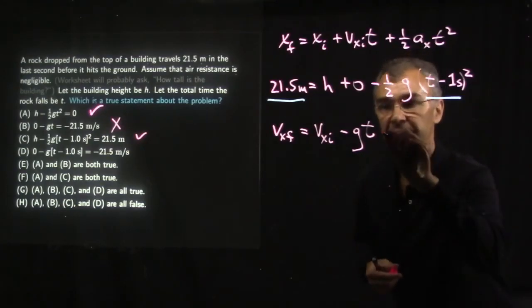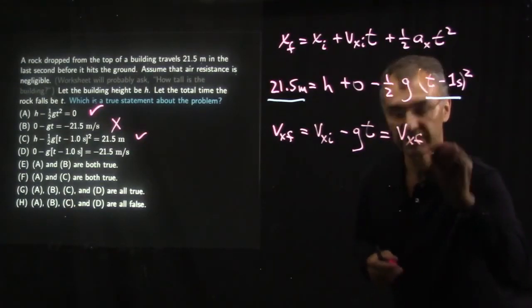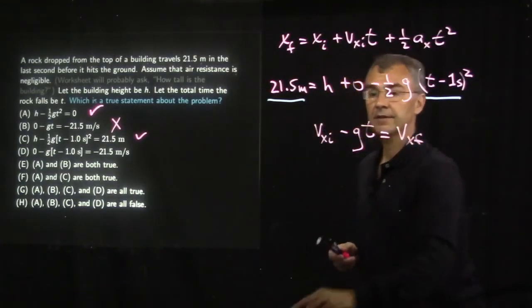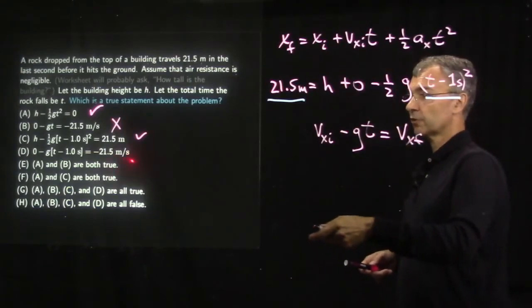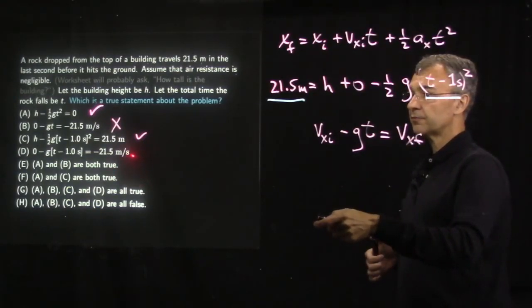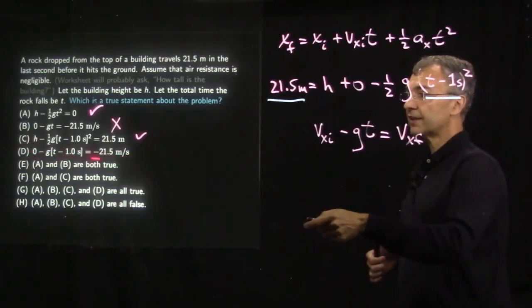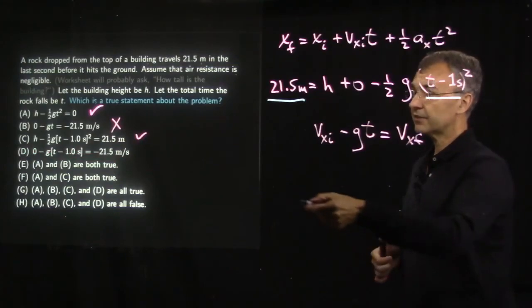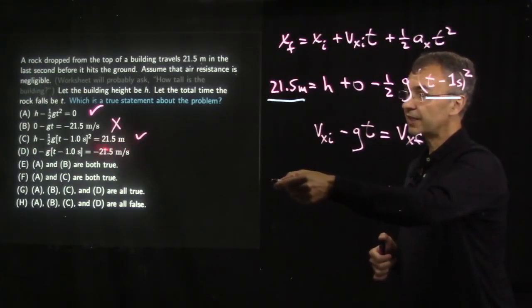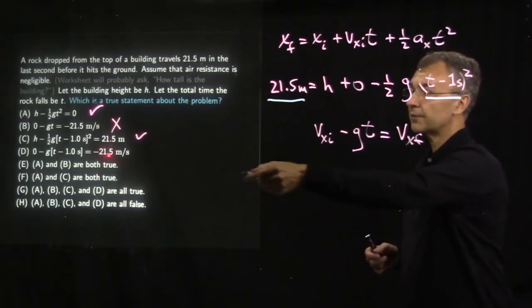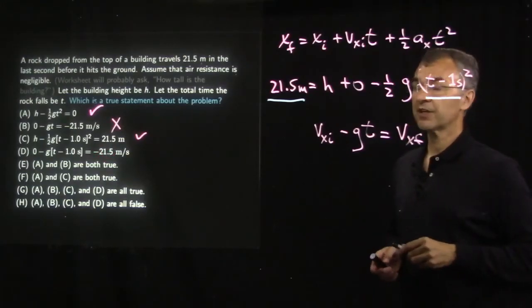So here, if we write the Vx final over here and erase this, then I think we have it in this form. If you look at answer D here, it is trying to say that the instantaneous velocity 1 second before it hits the ground is 21.5 meters per second downward.